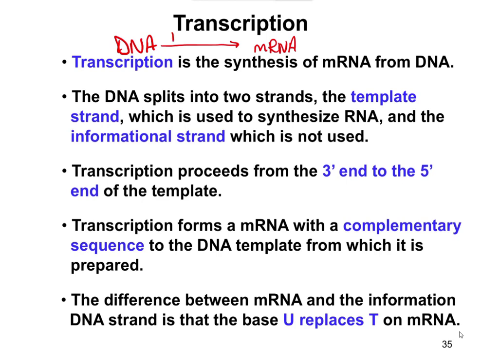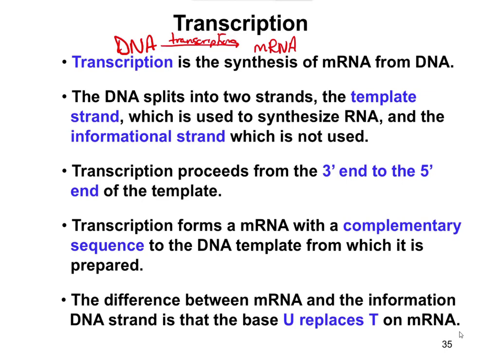That process is called transcription. As we talked about, DNA is a double helical structure. So in order for this synthesis of the messenger RNA to occur, DNA has to split and separate into two strands. So it kind of has to unwind.